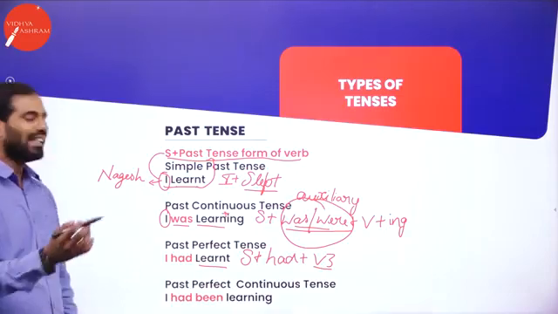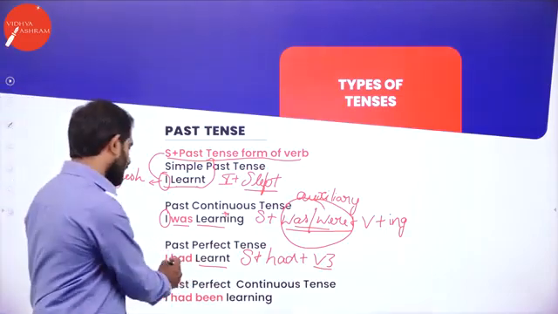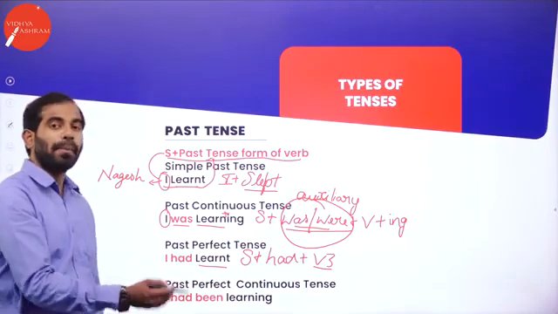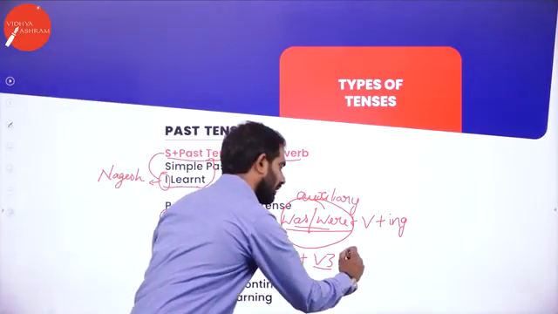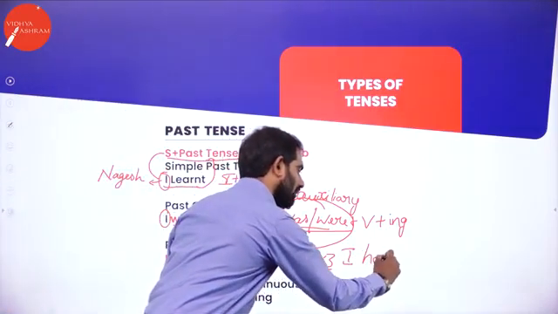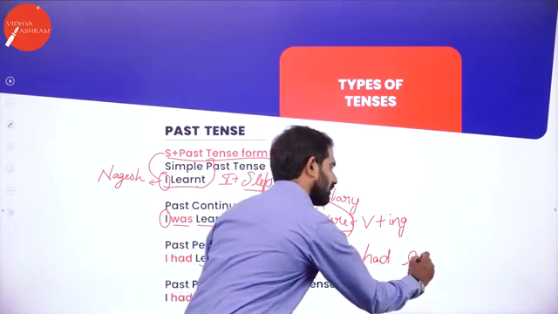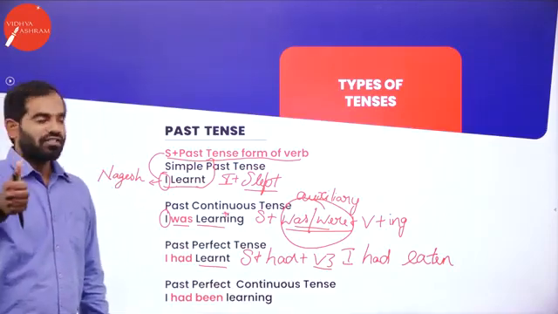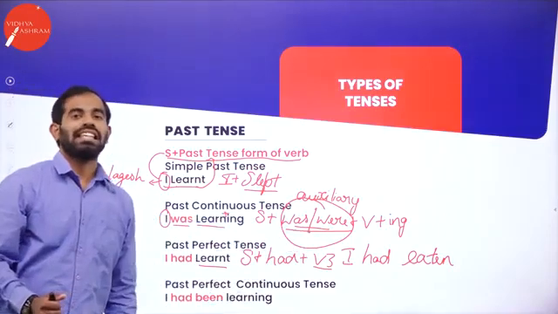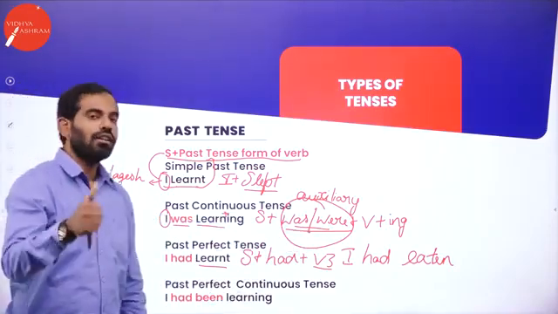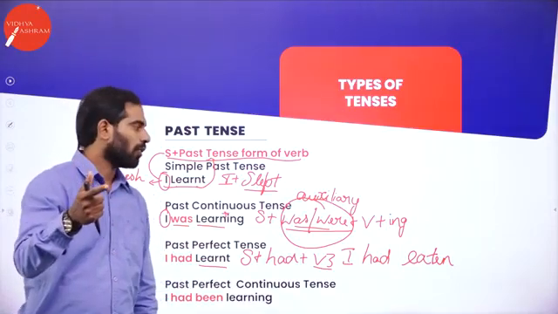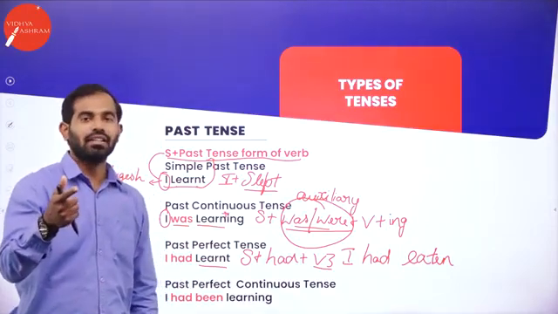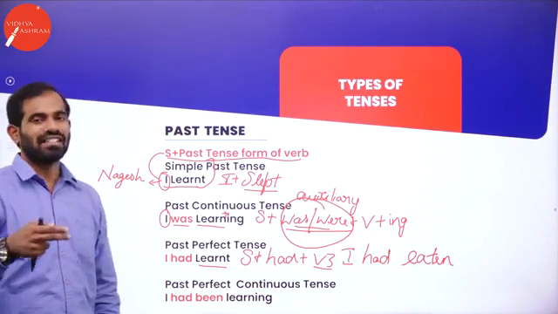Let us change it to eat. If you change this main verb, I had eaten. First form of eat is eat. Second form of eat is ate, which is past tense.